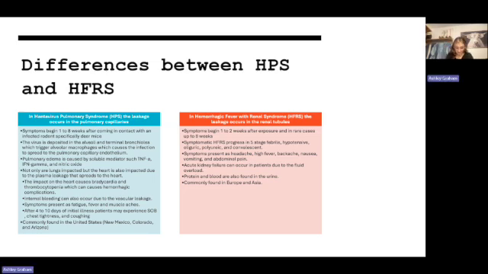Not only are the lungs impacted, as I said before, the heart is also impacted because of the capillary leakage. The plasma starts to leak from the lungs to the heart, which causes hypotension and bradycardia.